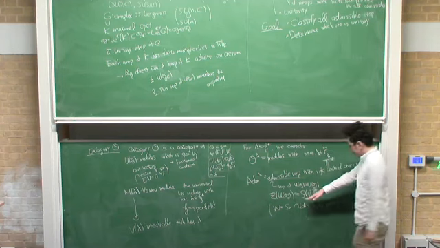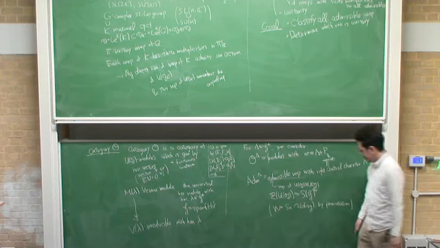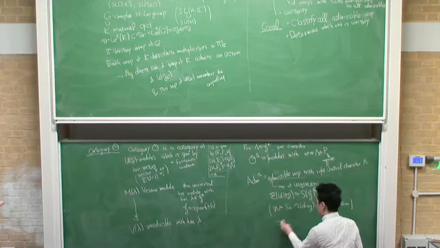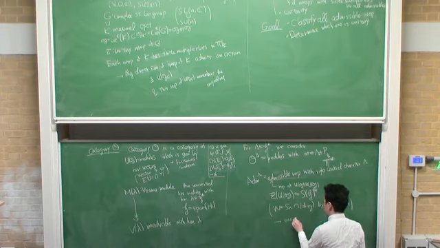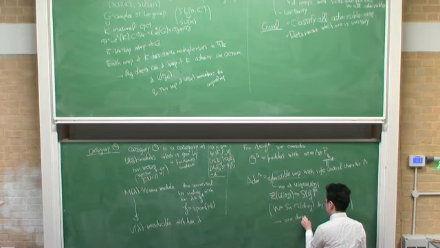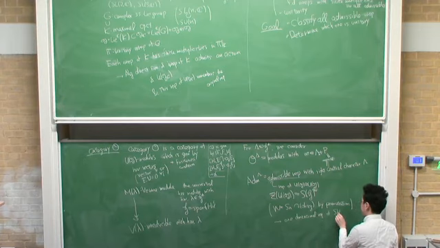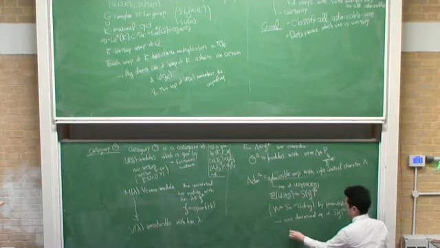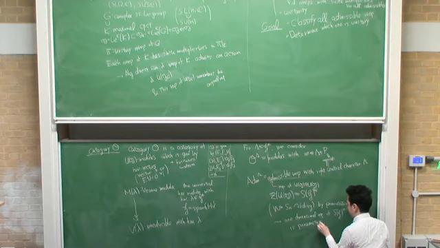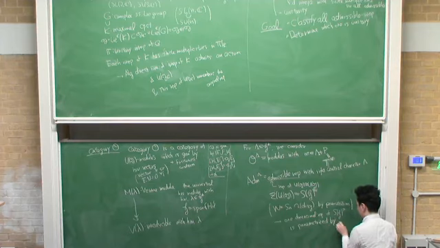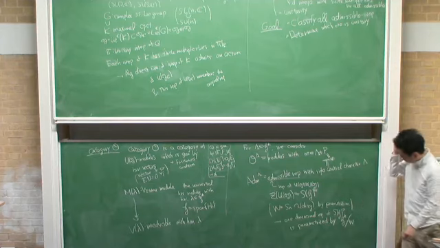And so we know the one-dimensional representations, or characters, of this algebra are parameterized by H star modulo W, of course.